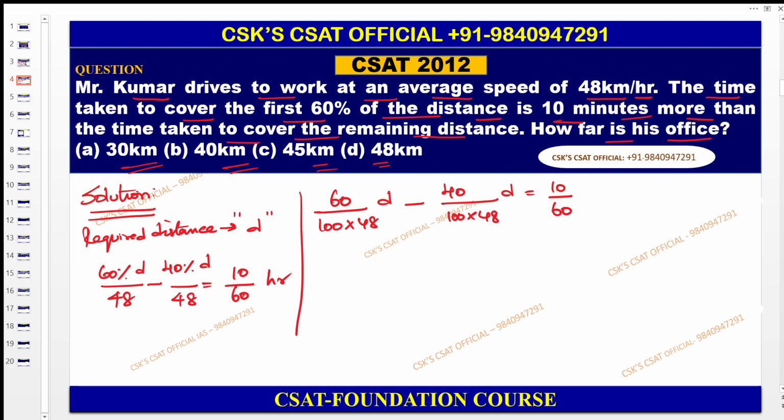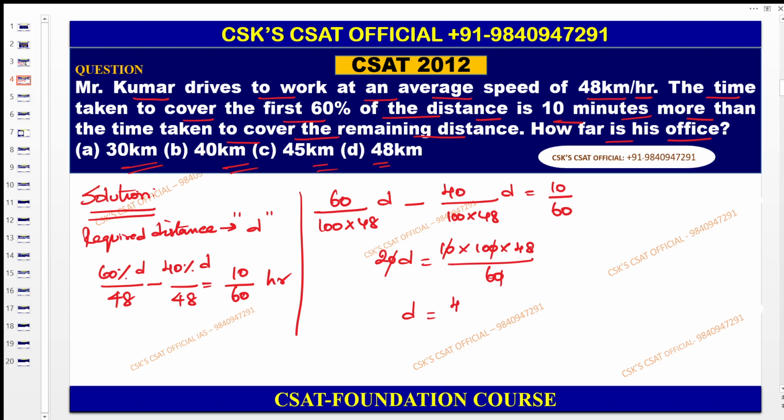You can take the LCM and then cross multiply. Then the corresponding numerators subtracted. 60d minus 40d becomes 20d, which is equal to 10 into 100 into 48 by 60. 0 cancels and another 0 cancels. Then bring the 2 towards the denominator.